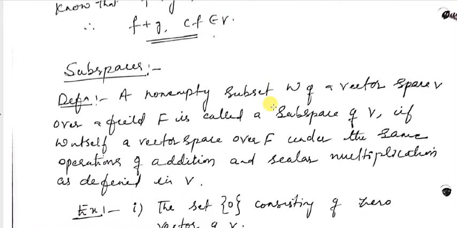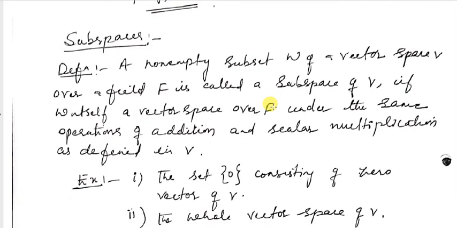The next very important thing is a subspace. After the vector space, we'll have a subspace. What is a subspace? A non-empty subset W of a vector space V over a field F is called a subspace of V. So easily you can understand, a non-empty subset.